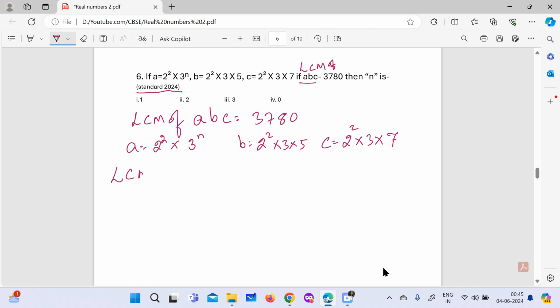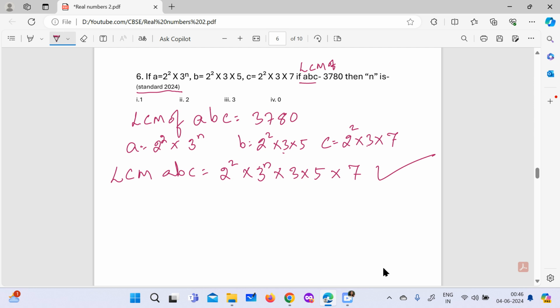So LCM of a, b, c will be 2 squared times, so we have 3 here, and we don't know the power of this 3. So we take 3 to the power of n times 5, and then we write 7. This is a very important step. If you make a mistake here, you will do it wrong.